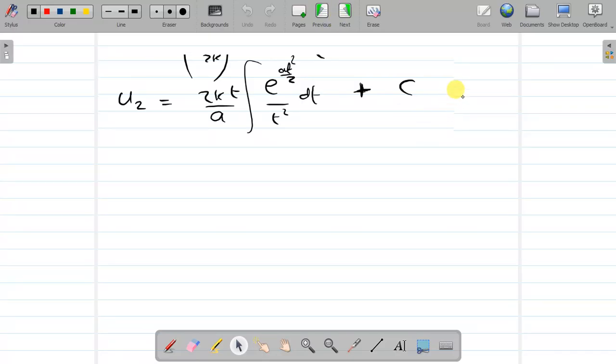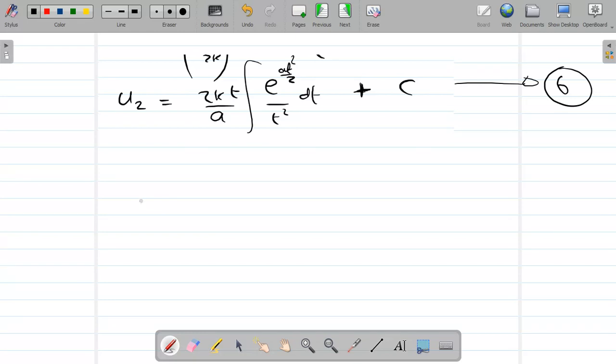I think we'll call this equation 6. I think one of the last equations was equation 5. So that's equation 6. Can we get rid of that now? No, we can't. Never mind. Okay, so we've got this equation, u2 is equal to that.